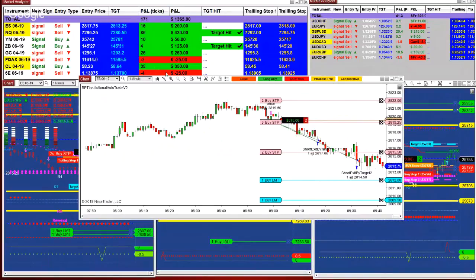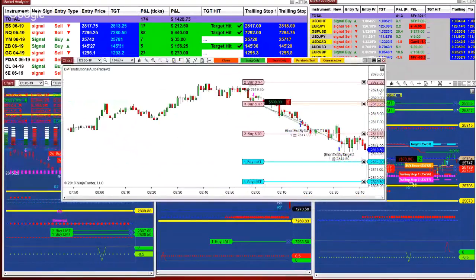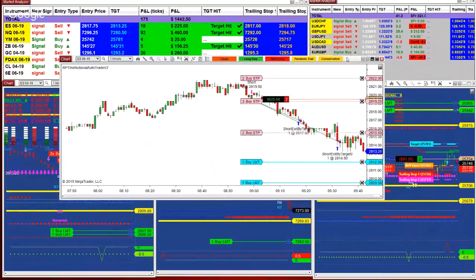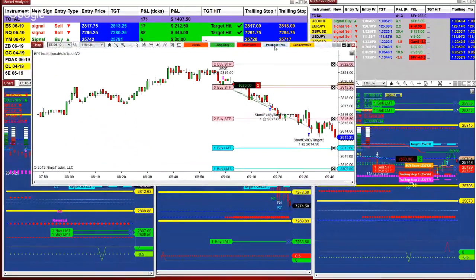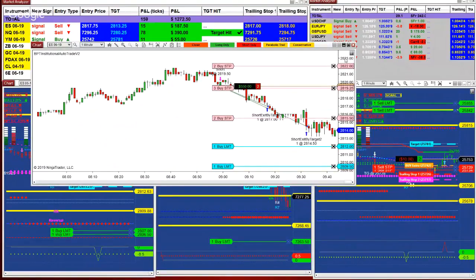But today, I'd like to cover something more advanced, the institutional auto trade. As you see, you can feed the auto trade with a parabolic trailing stop, or you can go ahead and hit the conservative trade, which has a system inside based on 8 different time frames.